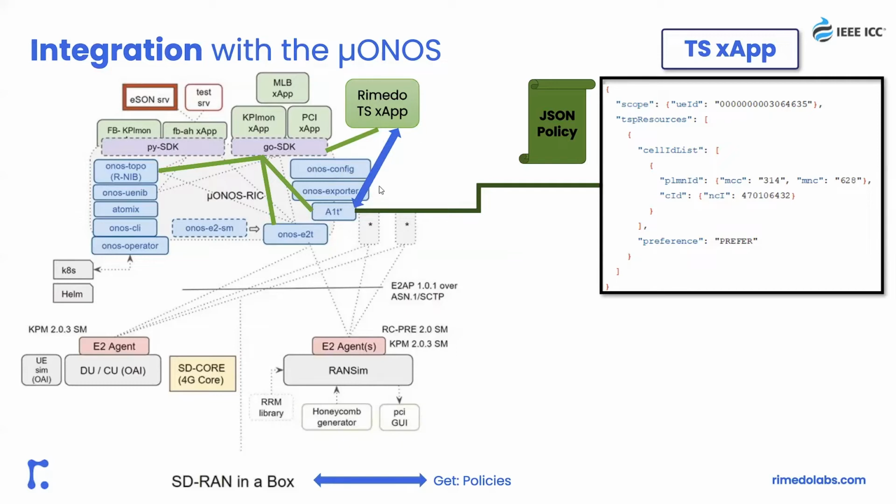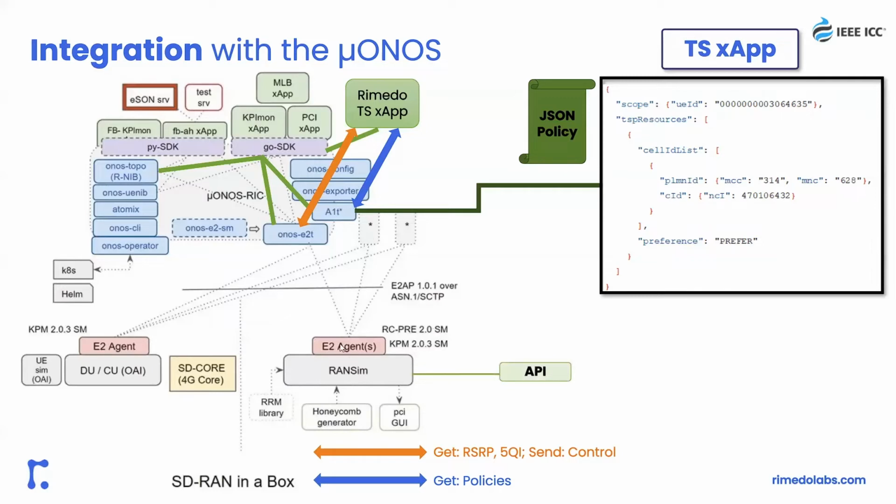First one, we can receive policies through A1 interface, and secondly, we can receive all information about UEs like RSRP values and 5QI, and using the same interface, we can actually send a control message to directly influence the UE association to a particular cell.